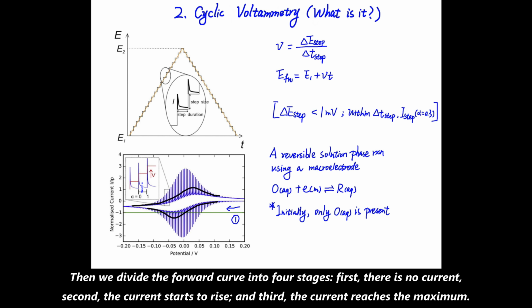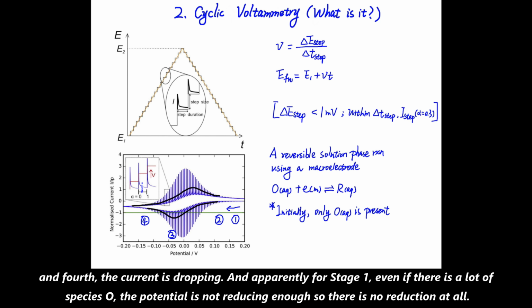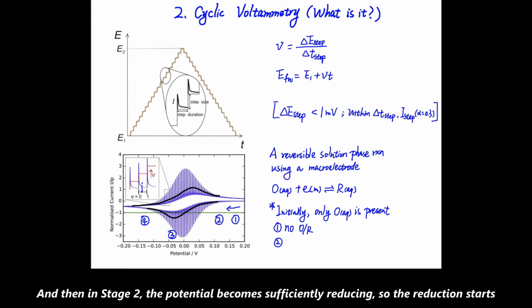First, there is no current; second, the current starts to rise; third, the current reaches the maximum; and fourth, the current is dropping. Apparently for stage 1, even if there is a lot of species O, the potential is not reducing enough, so there is no reduction at all. And then in stage 2, the potential becomes sufficiently reducing, so the reduction starts.